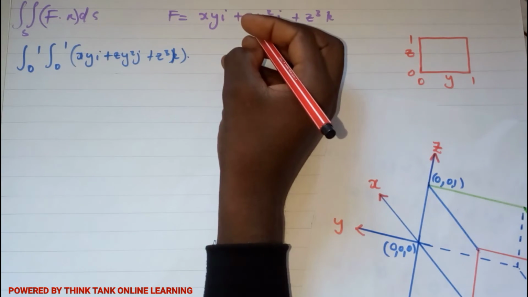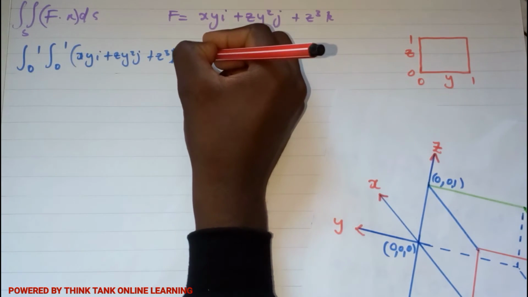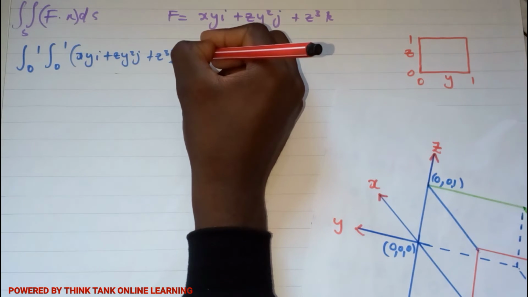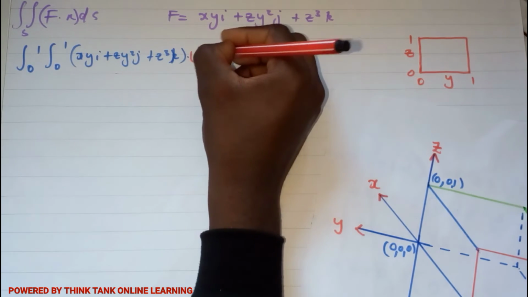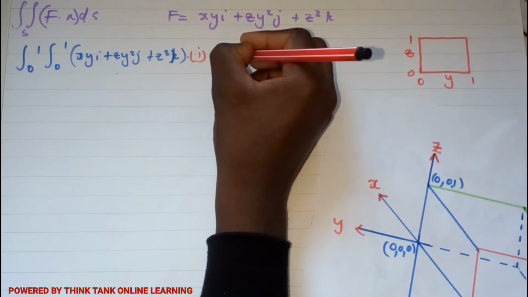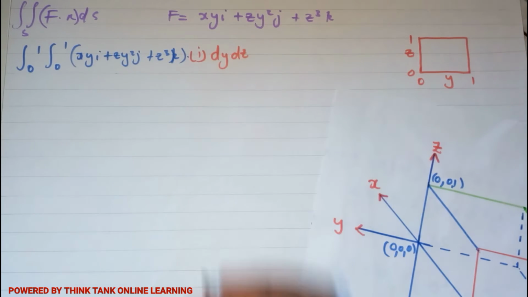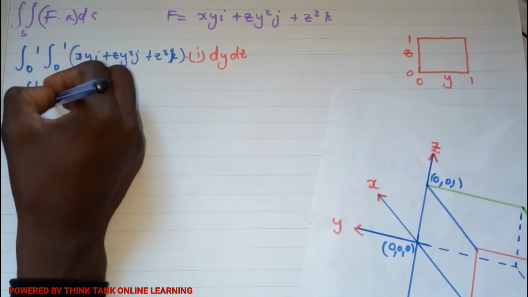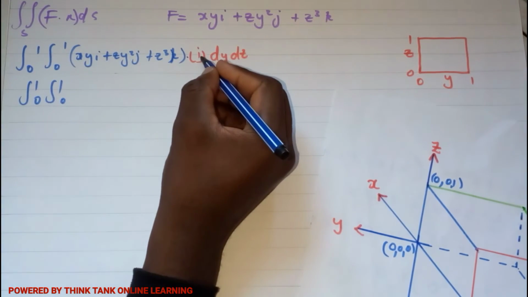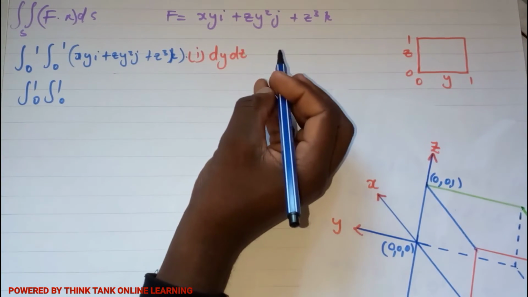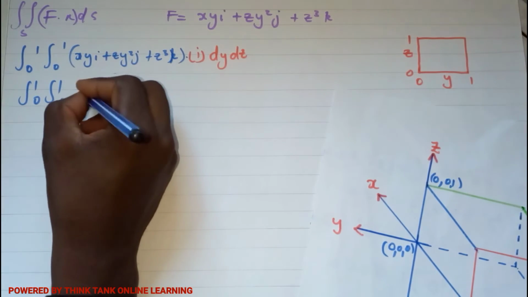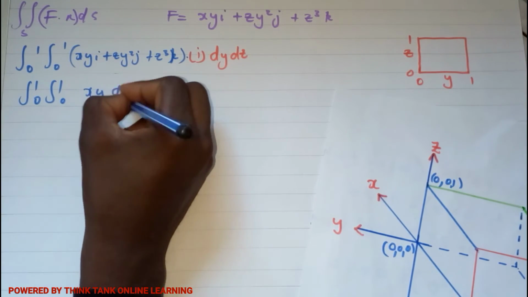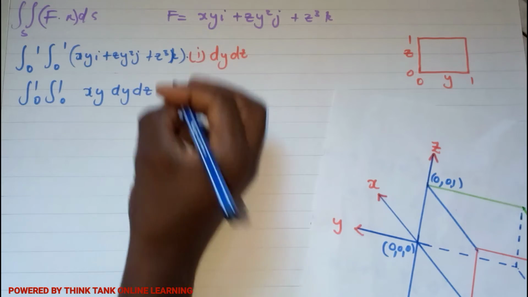So the vector component for positive x is going to be i, and we have dz dy. If we perform our integral here, the integral from 0 to 1 and 0 to 1, since we have i, the j component is 0 and the k component is 0, so we're going to have xy dy dz.